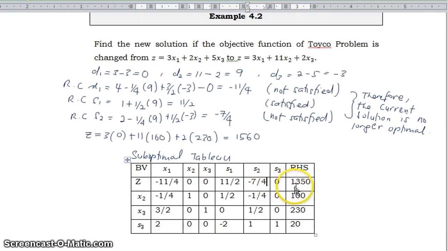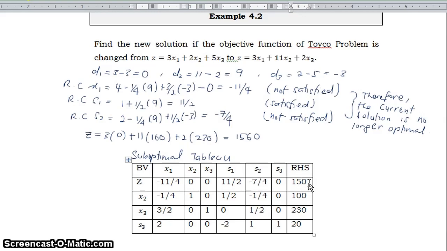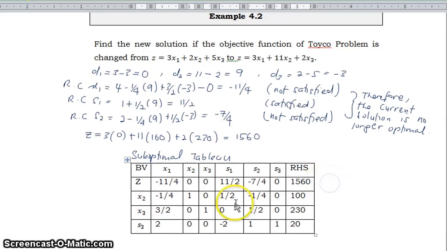And the value of z is 1560. The right hand side of the constraints remains unchanged.